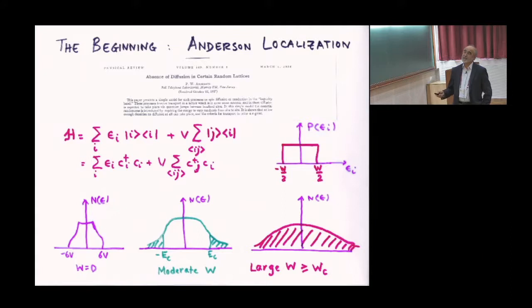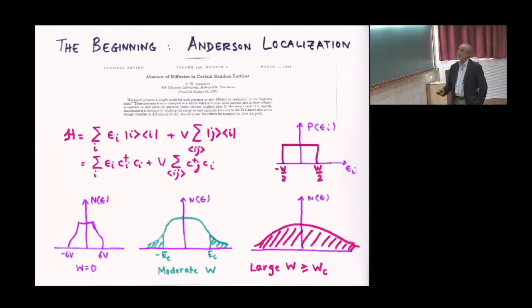Just imagine a 3-dimensional simple cubic lattice with a well-known density of states with its Van Hove singularities, and a nearest neighbor hopping. The twist that Anderson gave was that epsilon, the on-site energy on the various lattice sites, was taken to be disordered and independently distributed according to this distribution that's known as the box distribution for obvious reasons.